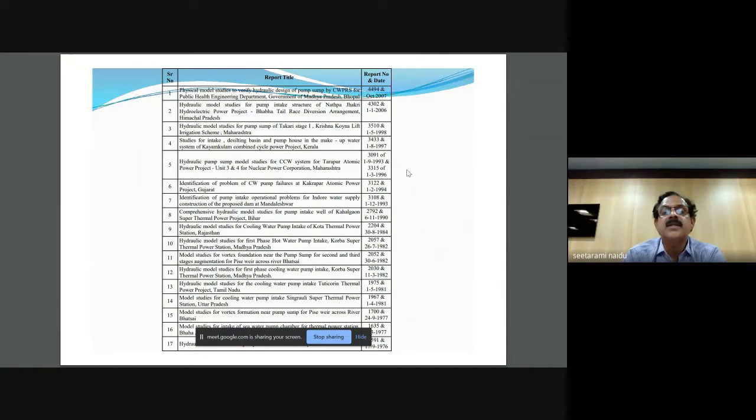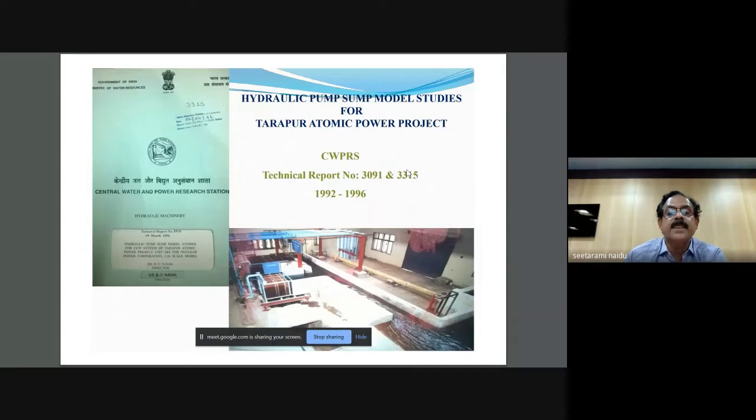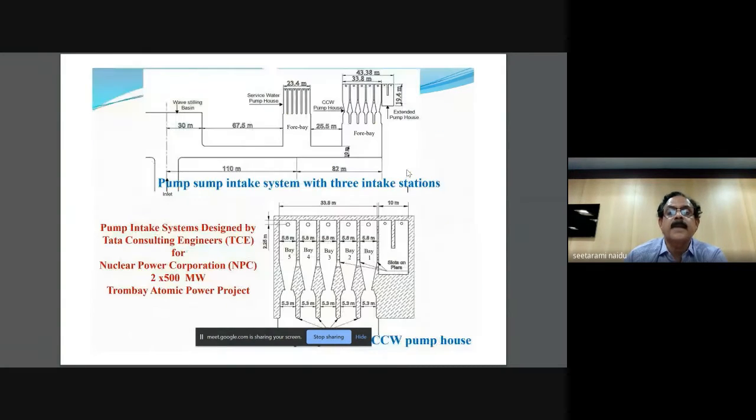A recent one is also written, something like a physical model study for the seat of government of Madhya Pradesh, Bhopal. The pump intake system designed by Tata Consultancy for Nuclear Power Corporation, 2 into 500 megawatts at Tarapur.